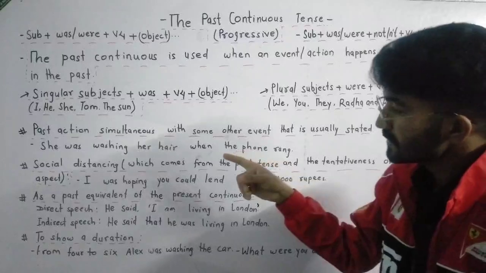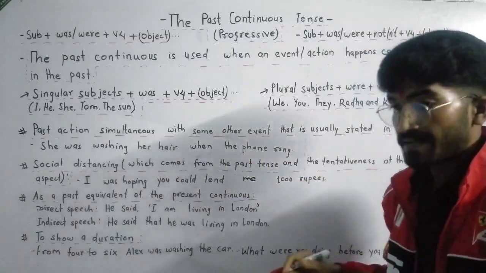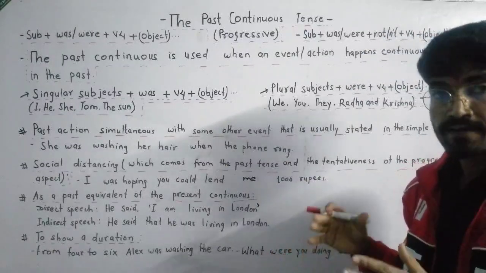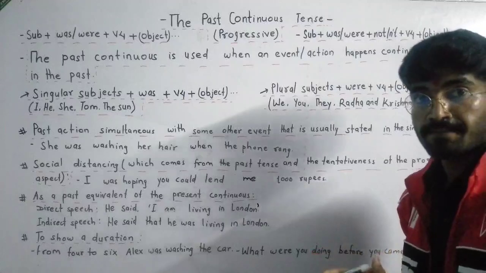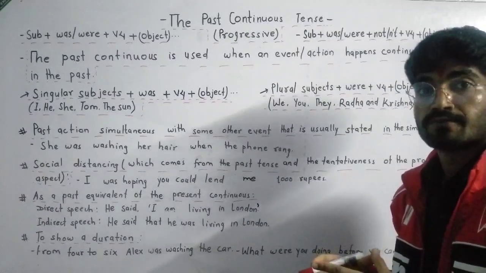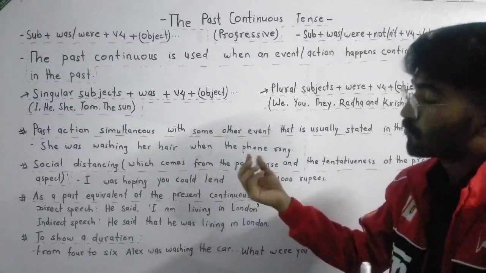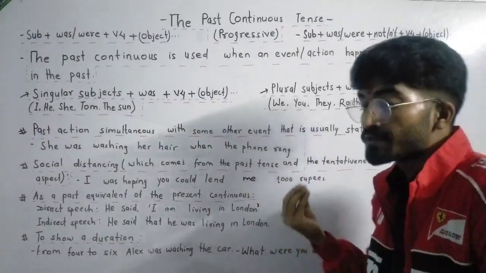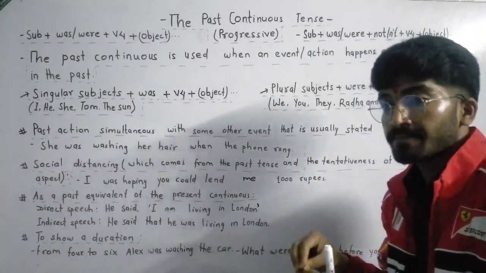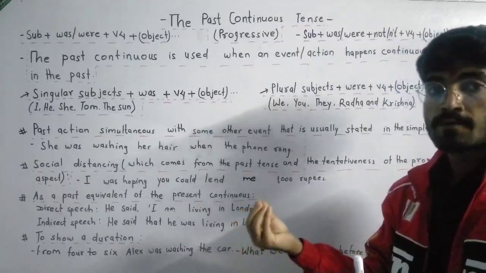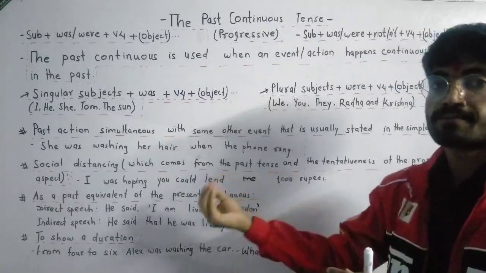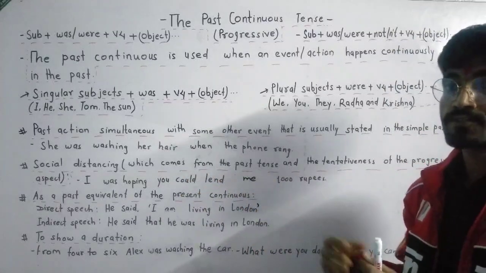So let me give you another example. For example, you were studying and at the same time your mom called you to have your lunch. When somebody was doing something, at the same time somebody phoned that person, called that person, or asked for something.